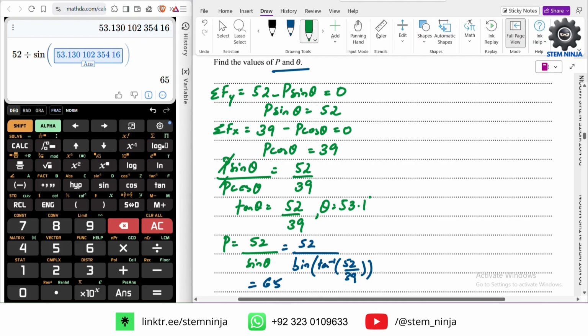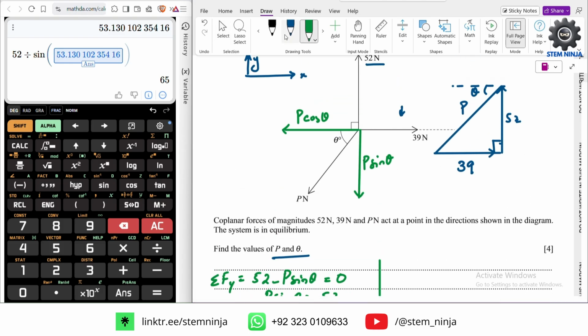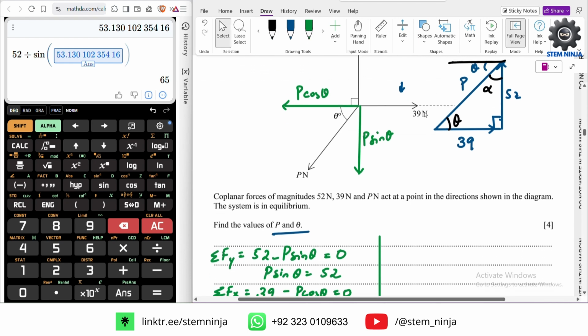Now let's see whether we get the same answer from the triangle method. Actually we would have to use the cosine rule or the sine rule over here. So let's say this is alpha, and technically this would be theta, right, because of the parallel angles, so we actually have both of them in there.